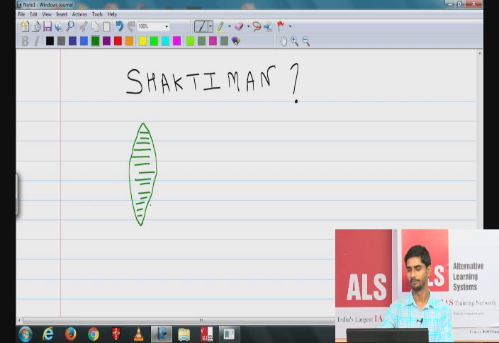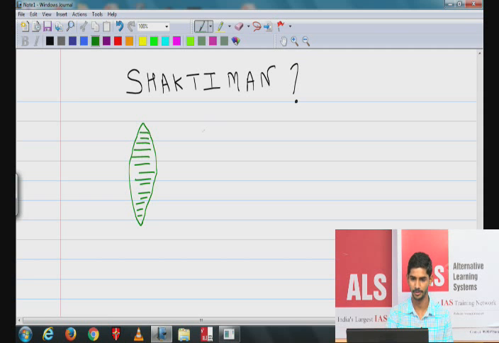Tell me, is he Shaktiman or not? There are many fans of Shaktiman. Is it Shaktiman? Yes. Yeah, actually Shaktiman is flying. He is rotating actually.